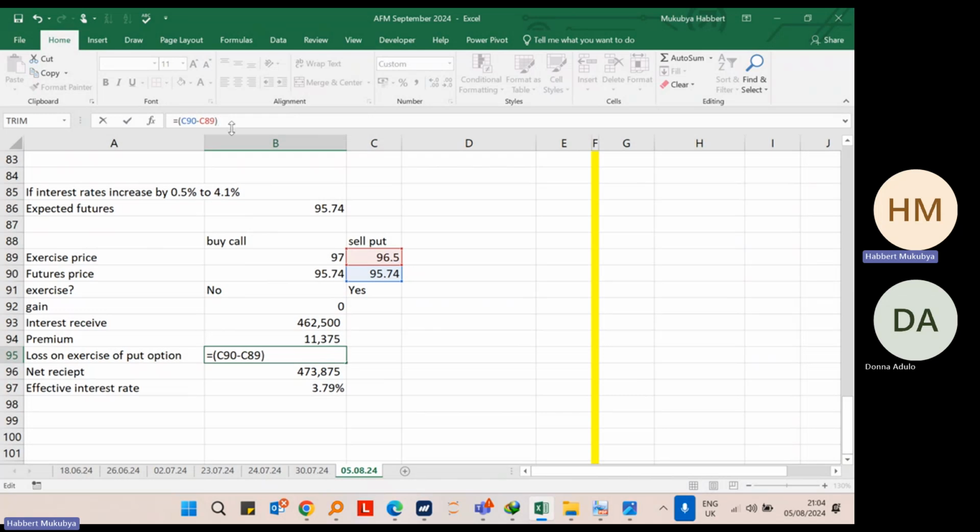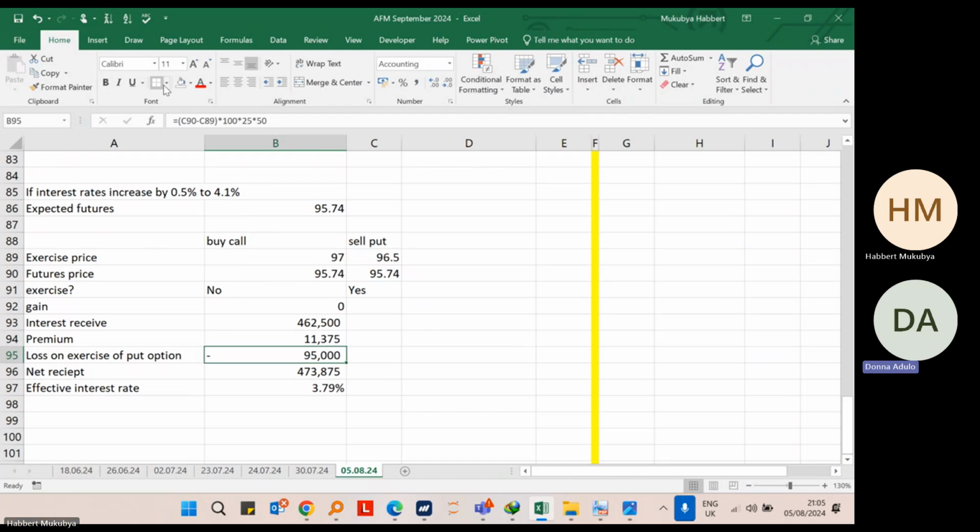Remember, this difference is always in basis points, so you multiply by 100. That's why it is 76. Now we multiply this by the tick amount, the contract size, and the number of contracts. So we shall have made a loss of 95,000.